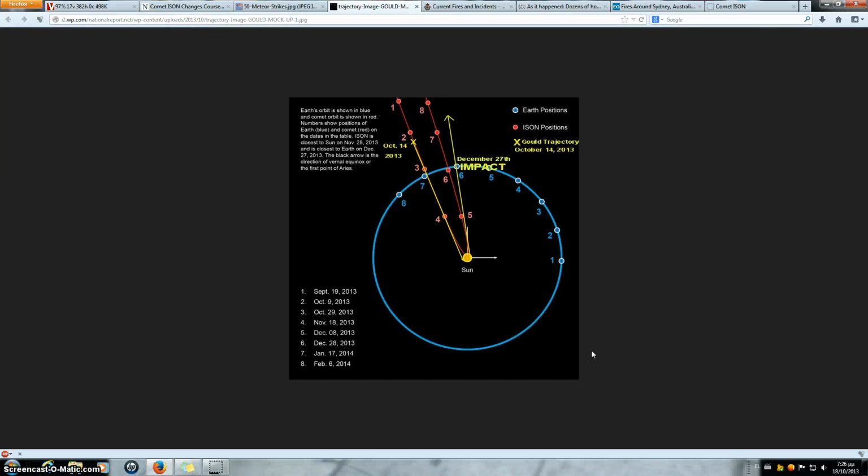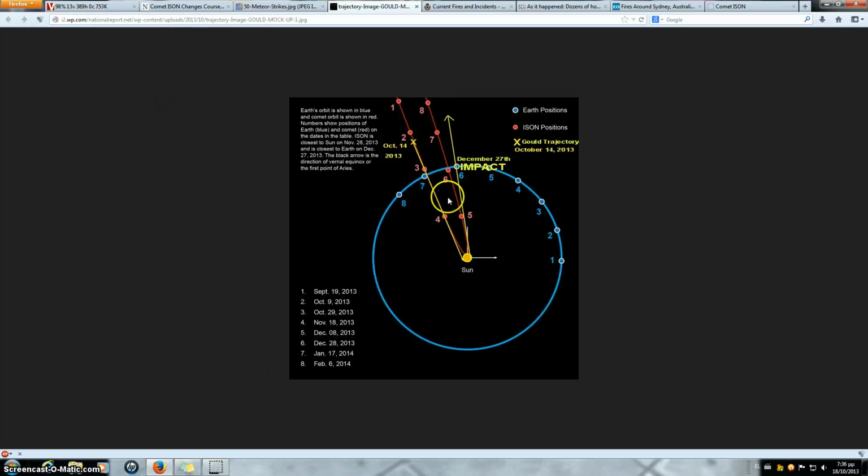Even NASA has put out a new trajectory, based on, I guess, ISON having changed trajectories, but how much and where it will go during its exit flight, we still don't know. So take this with a grain of salt. I just thought it was interesting, thought you should know.